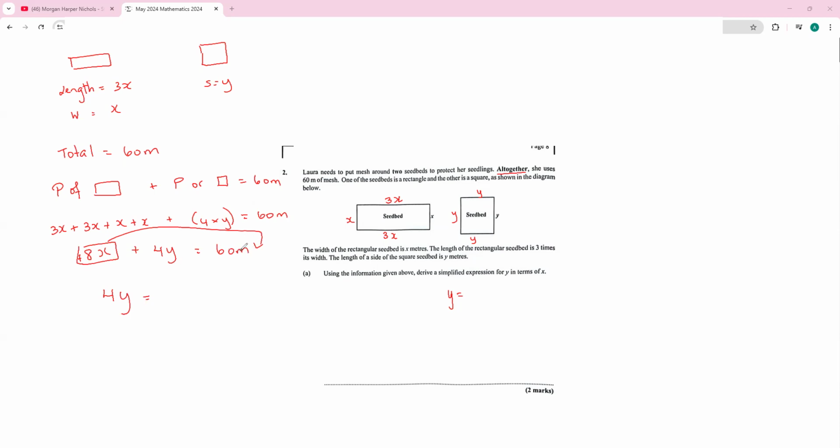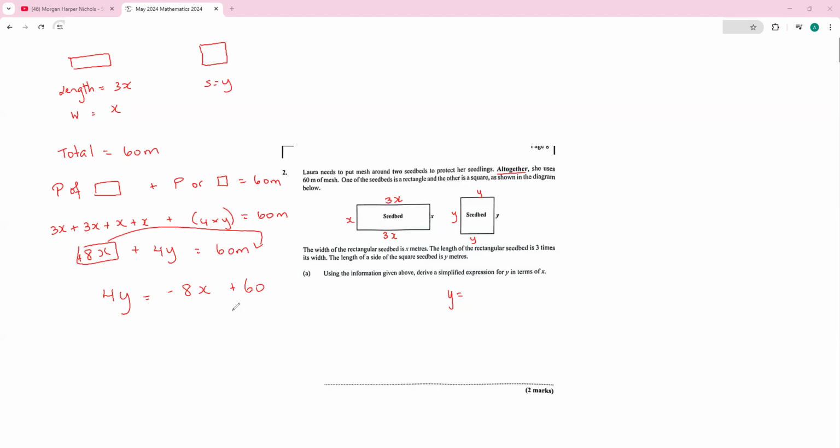I'm taking off the m because that m simply means meters, so we're removing the m. So when I carry this across, we get negative 8x plus 60, right? So we remove the meters, which is basically the units.